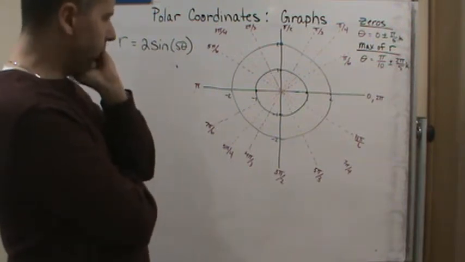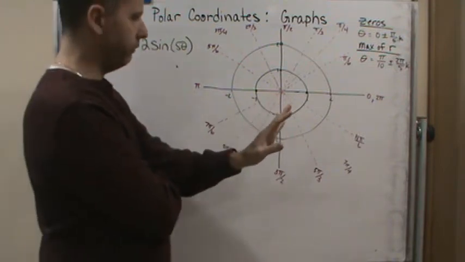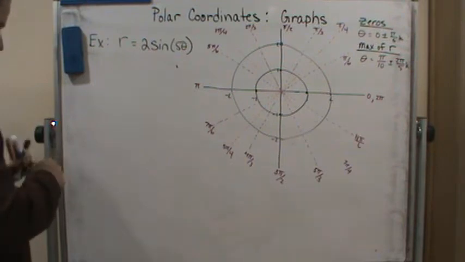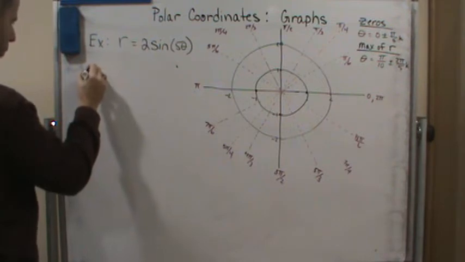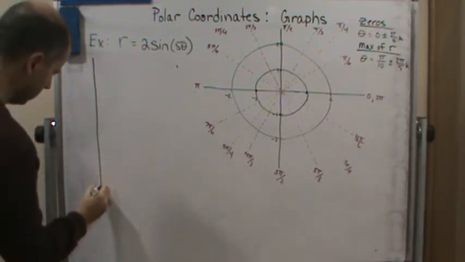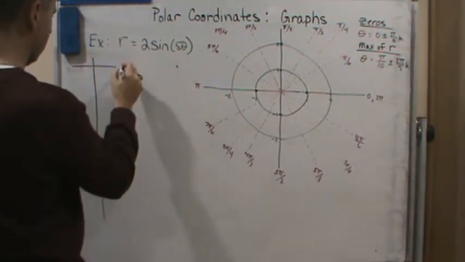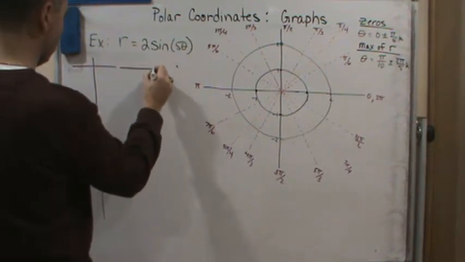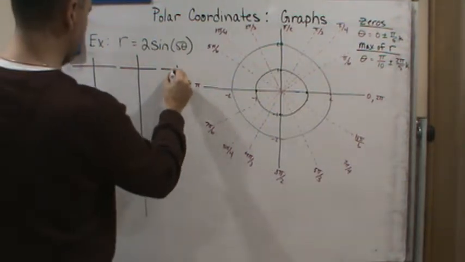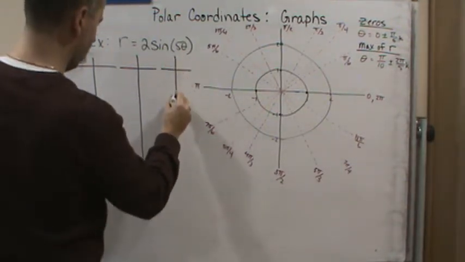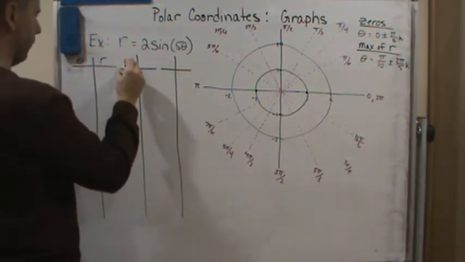Okay, so now I'm going to do the table of values. Okay, so let's do the table of values. So I'm going to start way over here. Okay, so I don't know how much of this I'll fill out.